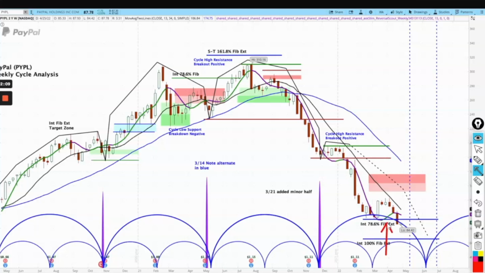So recently we had this upturn in momentum as PayPal made a mid-cycle low and then moved up right on time into the rising phase of the second minor half cycle. But PayPal is really weak, and it couldn't even get into this resistance zone that we created using swing high, swing low analysis. Momentum then turned negative again, and we are taking another leg down into that cycle timing window. The dates for that window are between May 23rd and July 6th.